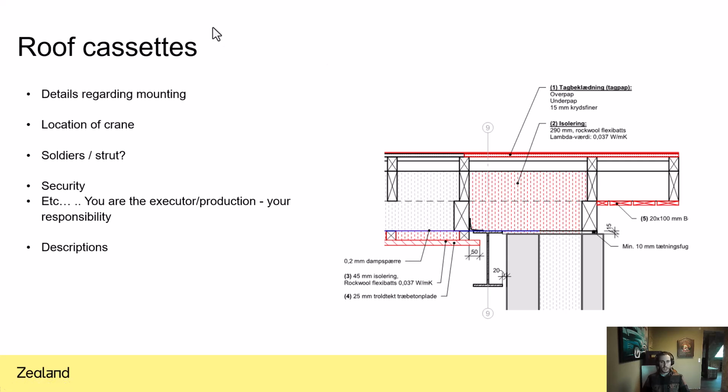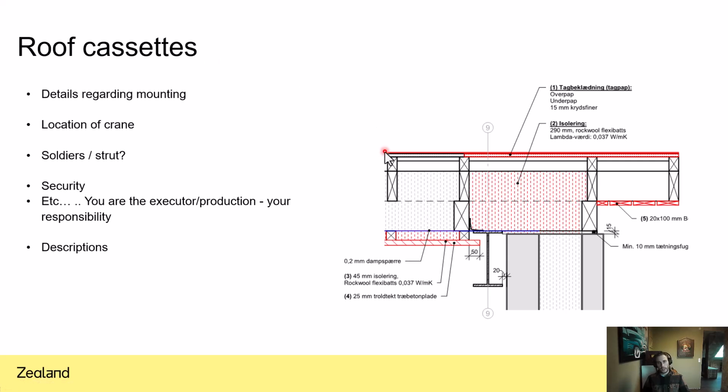So the roof cassettes and also, of course, the other elements, there will be some parts that you will have to install after. That would, of course, be the top layer of your roofing membrane. Maybe as you saw on Tosinger roof elements, they are only installing the first layer of the roofing membrane and then they put a top layer on top of it.